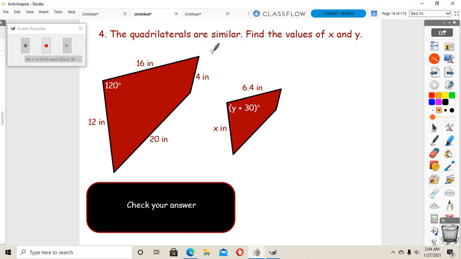The quadrilaterals are similar. Find the values of x and y. Here for x and y, we can choose two sides. Let's say we have 12 over 16, which is equal to x by 6.4.